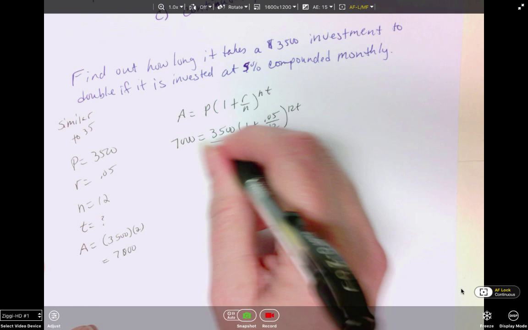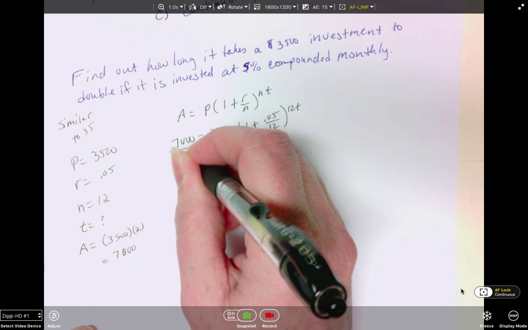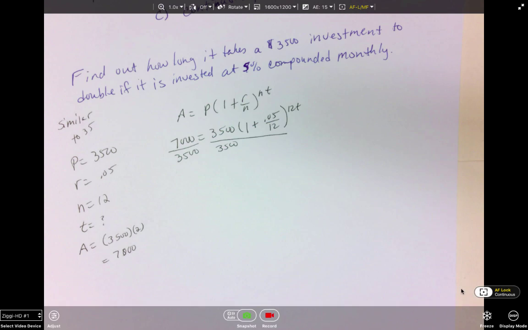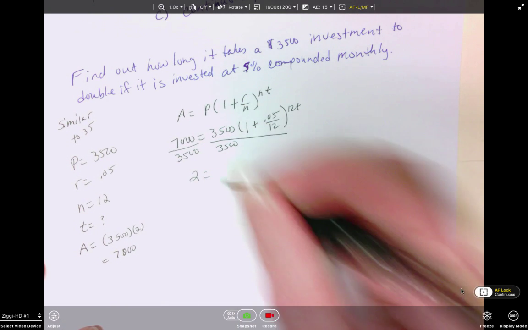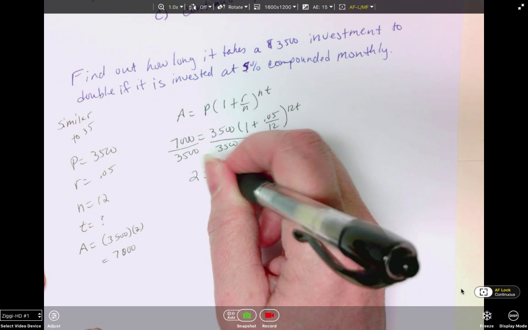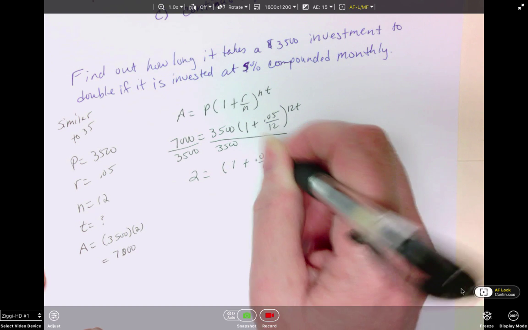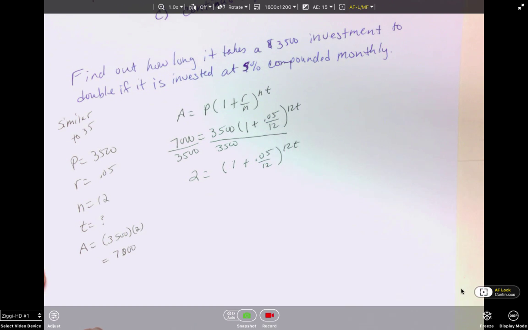So first thing I'm going to do is divide both sides by 3,500. We're going to simplify things down a little bit. Well, 7,000 divided by 3,500 is going to get us 2, which makes sense because we doubled it. And then we have our 1 plus 0.05 divided by 12 raised to 12t.